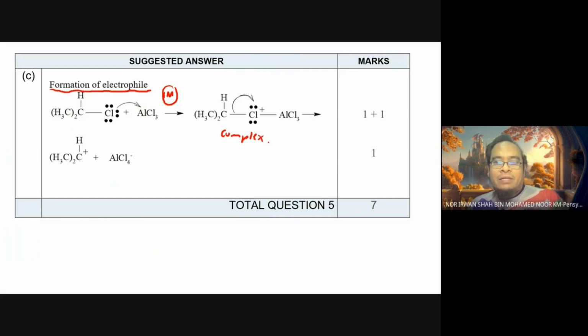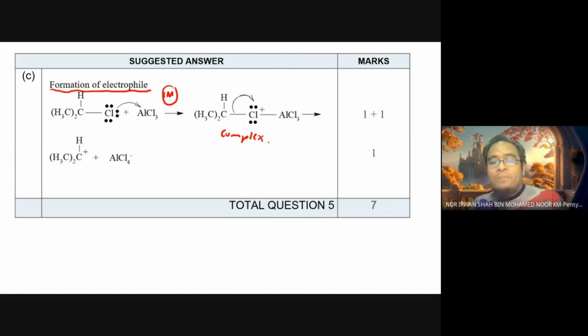Tapi andai kata kalau kita dealing dengan haloalkane, apabila dia jadi carbocation tak stable, so apa kan jadi? Ada setengah kes, especially primary yang tak boleh buat rearrangement, dia tak akan tukar jadi carbocation, tetapi electrophile dalam reaction tersebut adalah kompleks itu sendiri yang akan jadi electrophile.